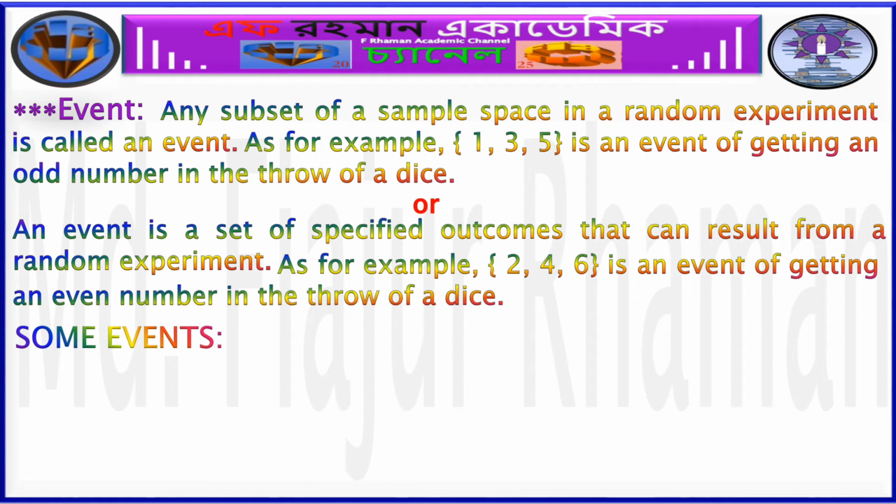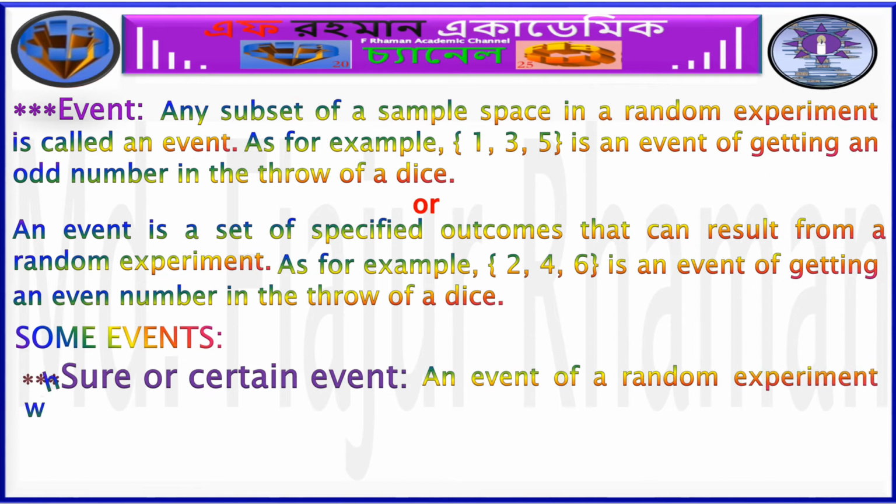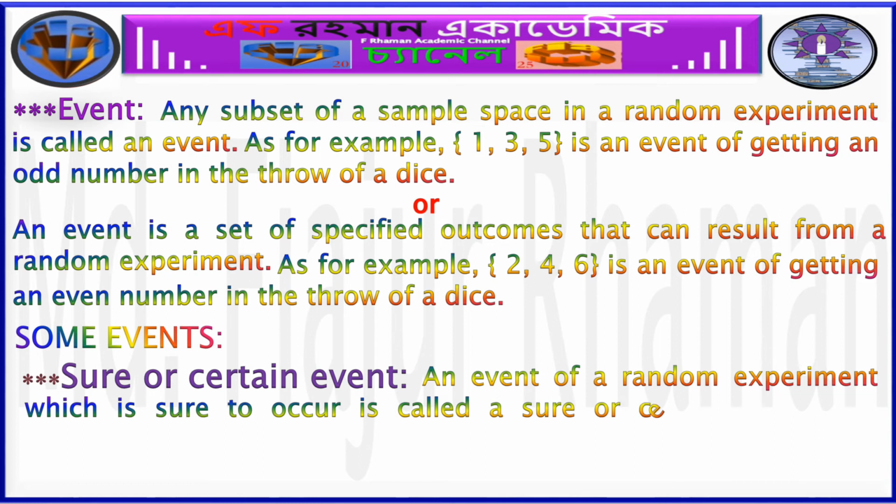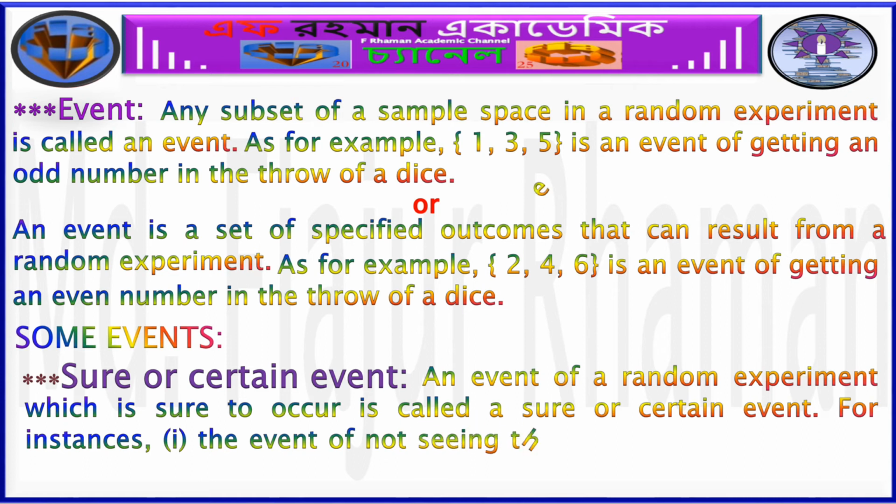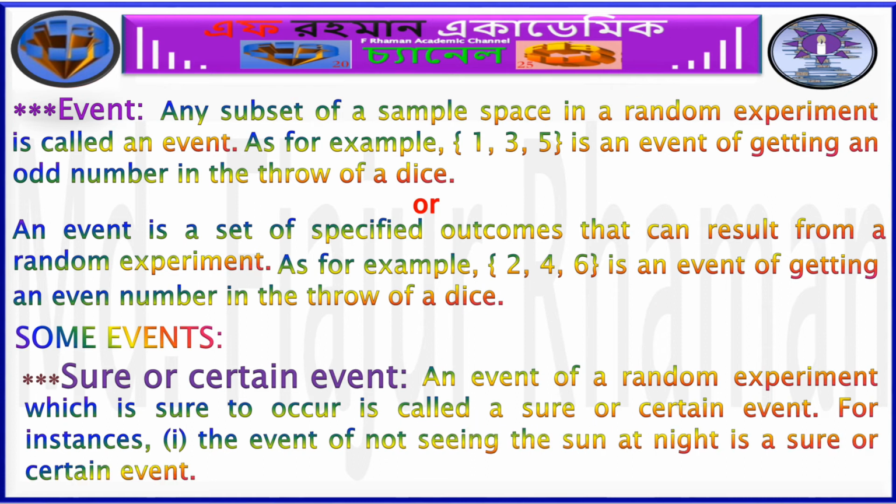Some events. Sure or certain event. An event of a random experiment which is sure to occur is called a sure or certain event. For instances, 1.